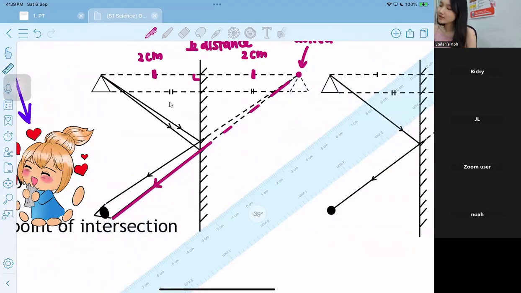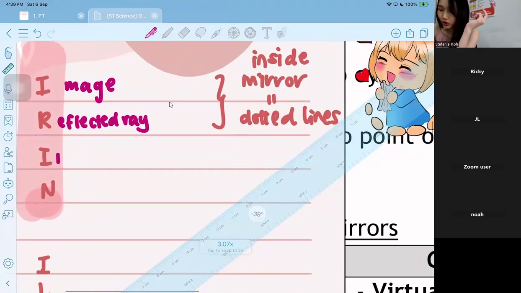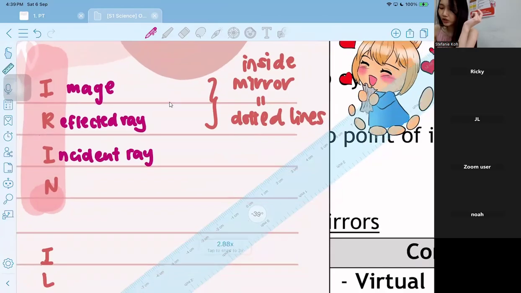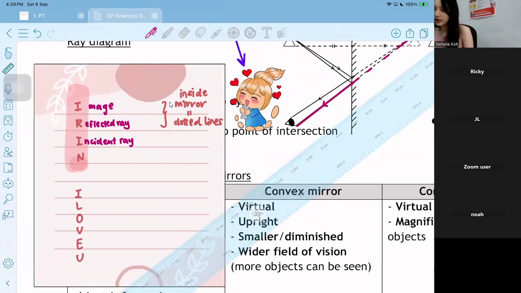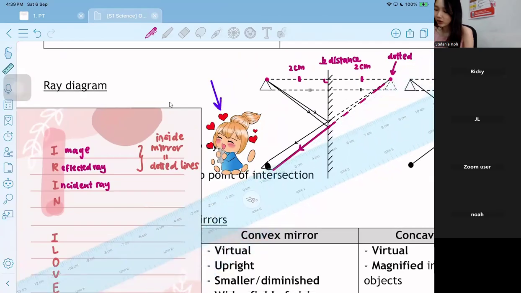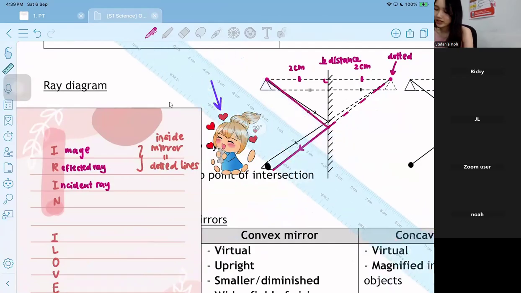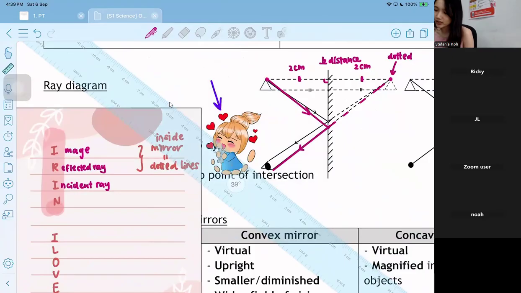And don't forget the direction going into the eye so that you can see. That is the reflected ray. Next, join it to the incident ray. From the actual object, you join to the point where it touches the mirror. So the incident ray starts from the object to the point where it touches the mirror. It is a bold line because it's outside, and the direction is towards the mirror.